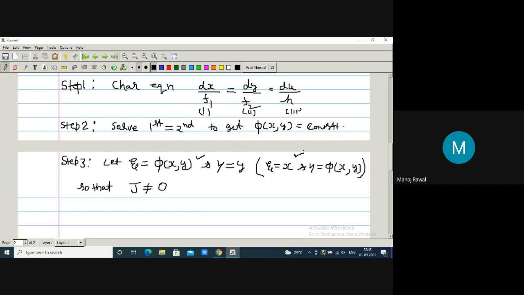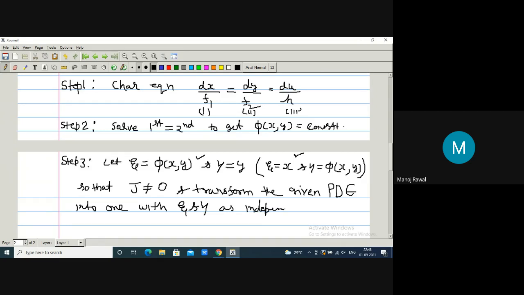So let me complete this step also: transform the given PDE into one with xi and eta as independent variables.